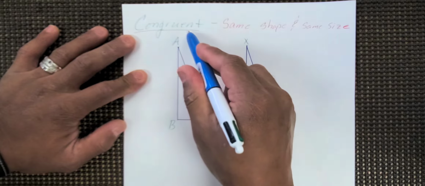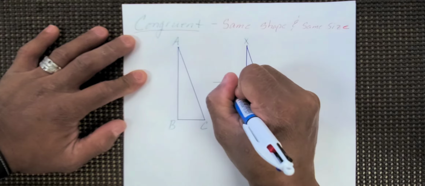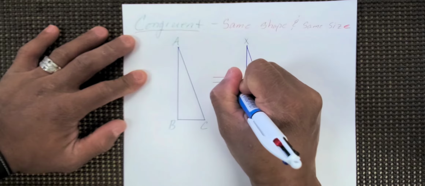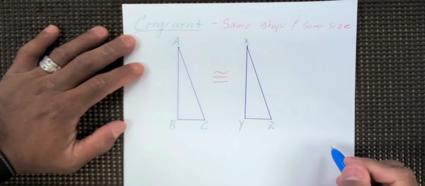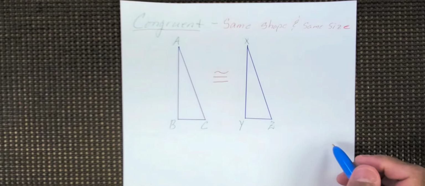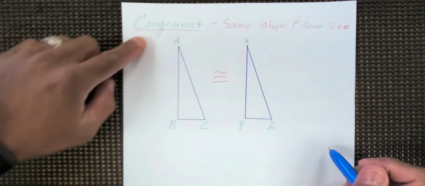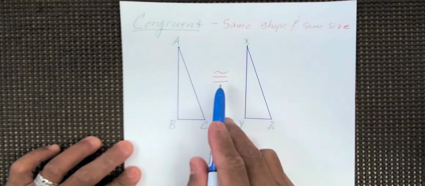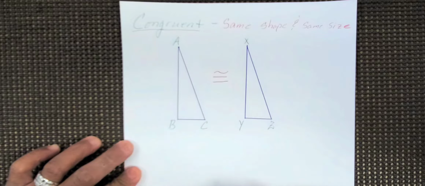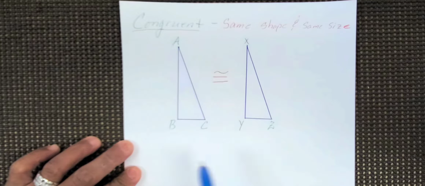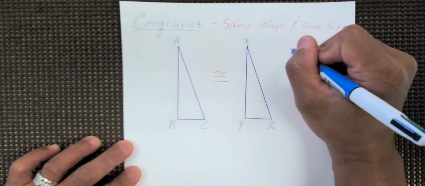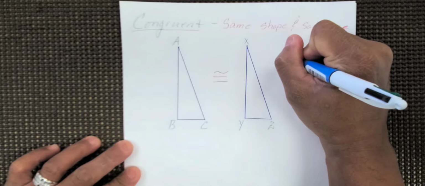The symbol for congruent is like an equal sign, but it has a little squiggly line at the top. That little squiggly line along with the equal symbol means congruent. This is the symbol for the word congruent. Now, there are two ways. When you name a triangle, here this triangle name is going to be triangle ABC. When we get ready to name a triangle, you have to put the triangle symbol.